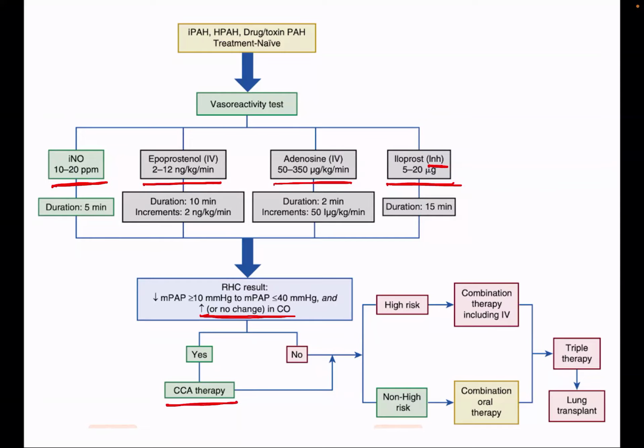If there is no change, then we go for either a combination therapy, or combination therapy including IV, or a combination therapy of oral, or a triple therapy may be initiated.